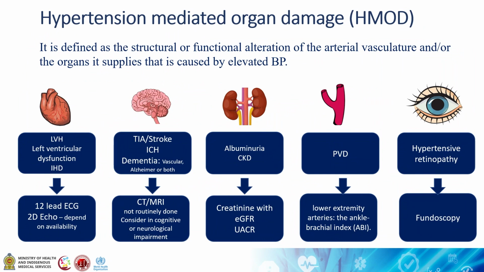It may cause left ventricular dysfunction and ischemic heart disease, transient ischemic attacks, strokes, intracranial hemorrhage, dementia, albuminuria, CKD, peripheral vascular disease, hypertensive retinopathy. The methods of diagnosis and identification are given below.